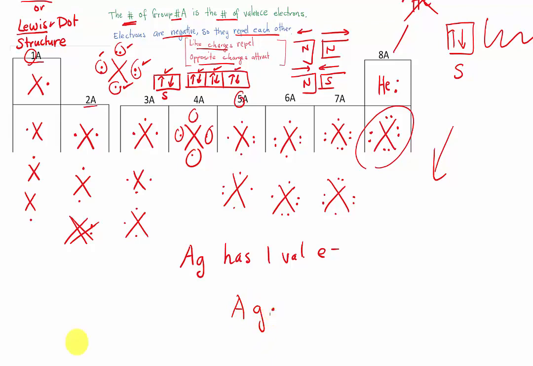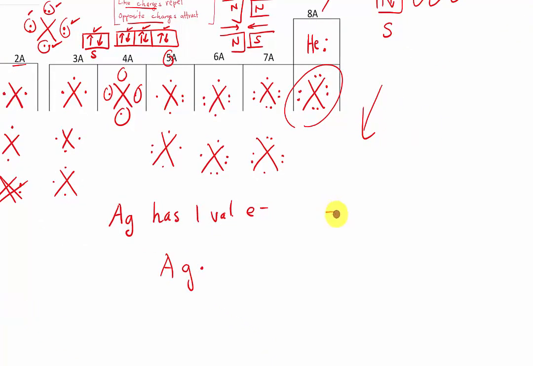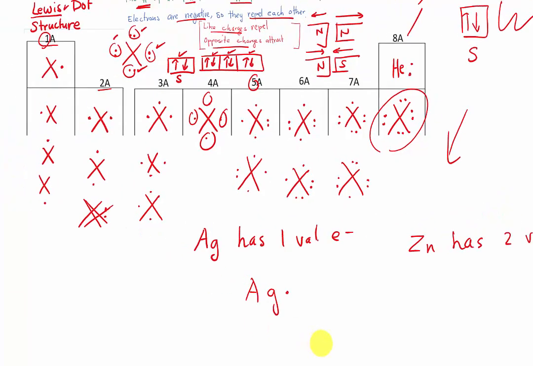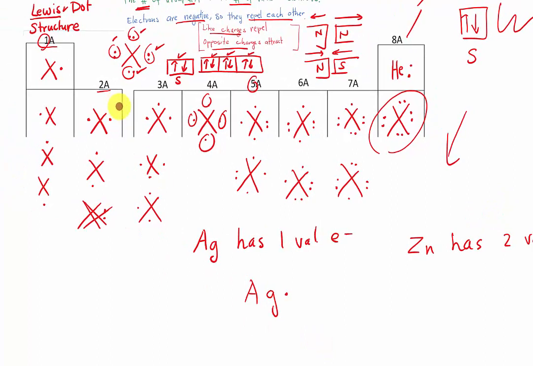What if I decide to give you another element, like zinc, which has 2 valence electrons? So of course, it's going to look something like this right over here. So we have Zn, or zinc, 1 dot there, 1 dot there. That gives us 2 electrons. The key is looking at the number of valence electrons, and that determines the structure of the electron dot for that specific element.